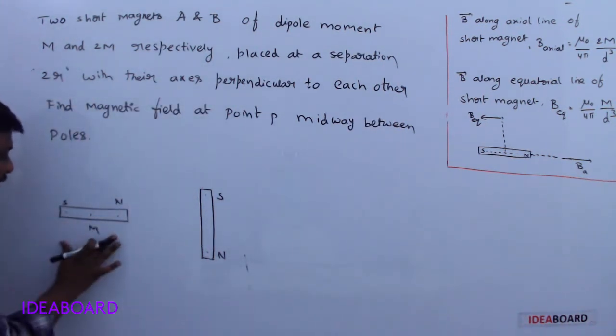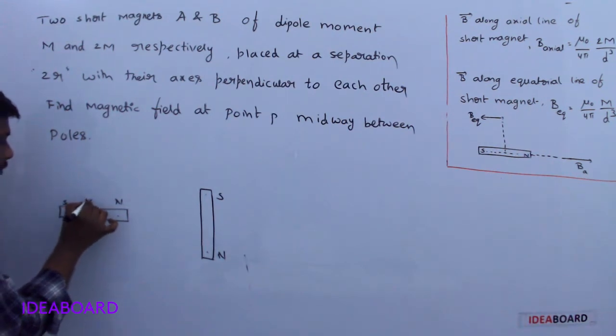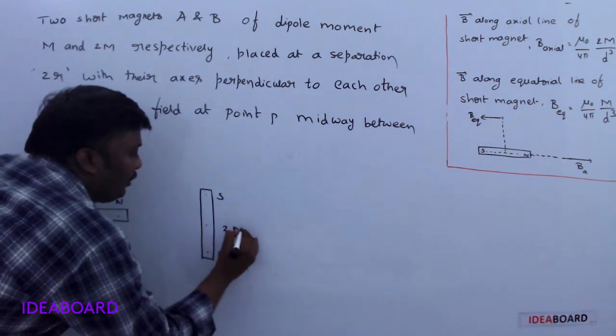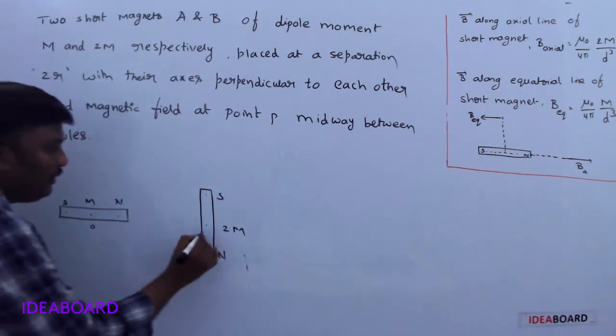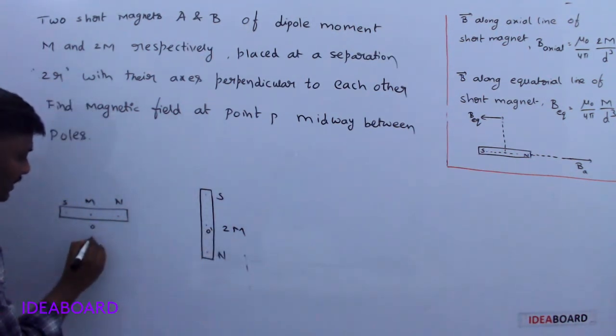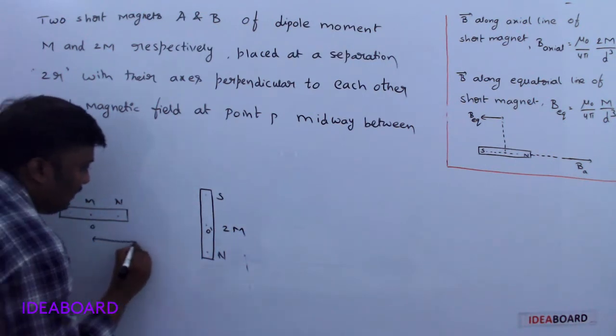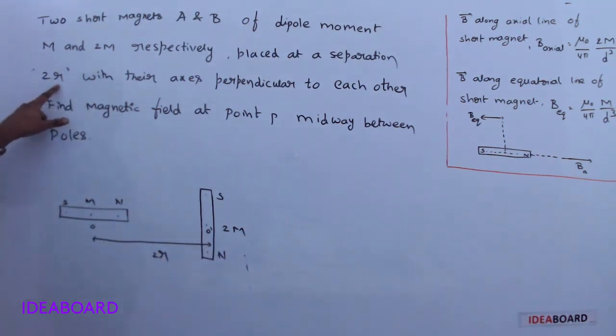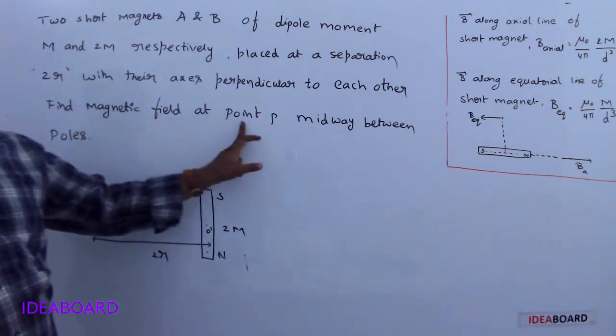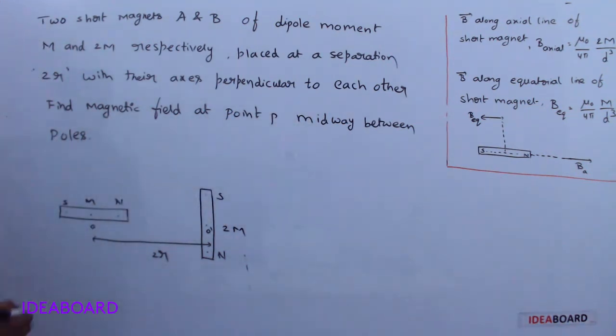Now both are separated by a distance of 2r. So from center O, let it be m here and here 2m, they said. From center O and the other center O dash, the distance is 2r. They mention this in the question. Find the magnetic field at a point P midway between the poles.